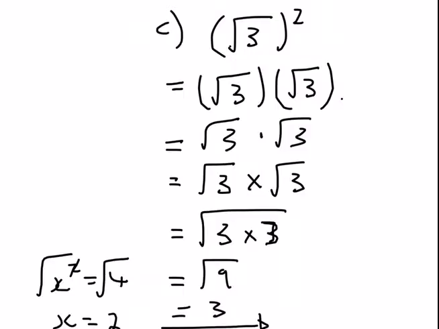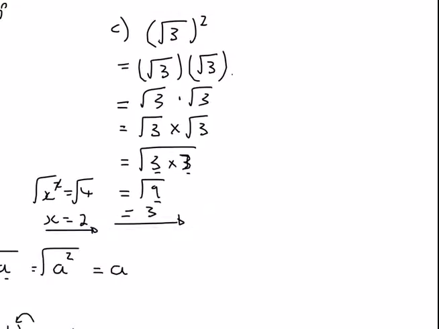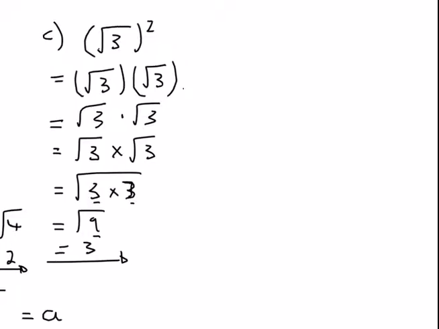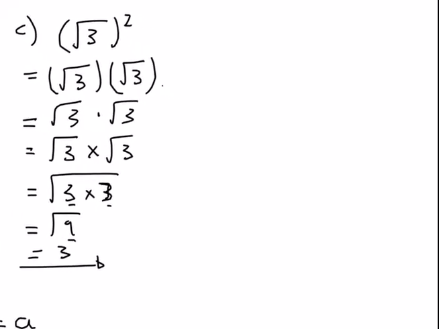Otherwise, there are many ways in which you can work it out. That other one that I've shown you with the letters, that's if you have a letter, because you can't say letter times letter and it gives you a number, of which when you say square root of that number, it gives you 3.